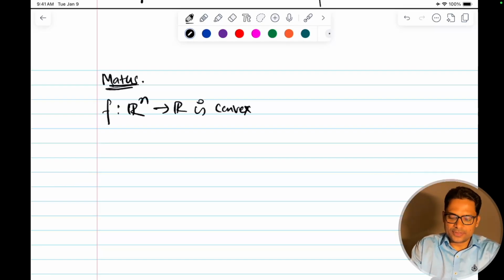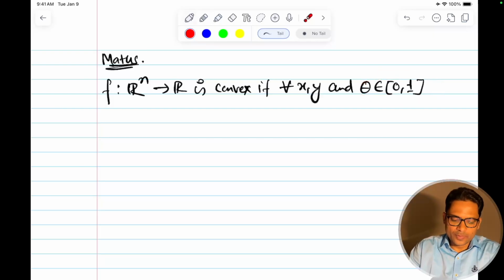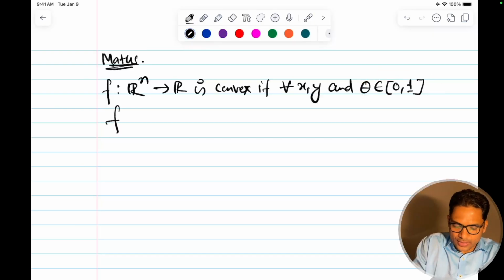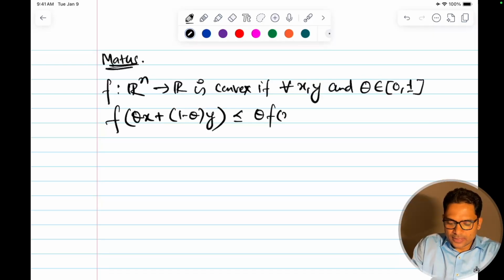If for all x, y and theta belonging to the interval 0 comma 1, this equation holds: f of theta x plus 1 minus theta y is less than or equal to theta times f of x plus 1 minus theta times f of y.